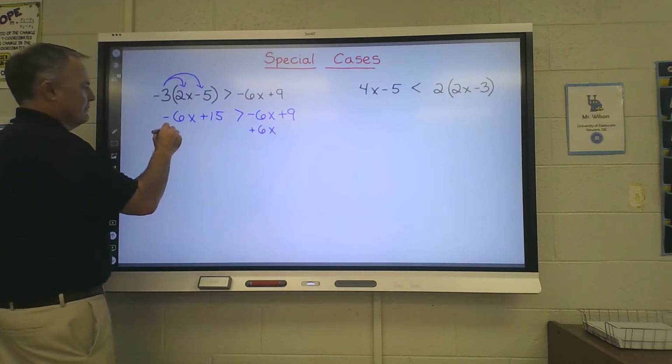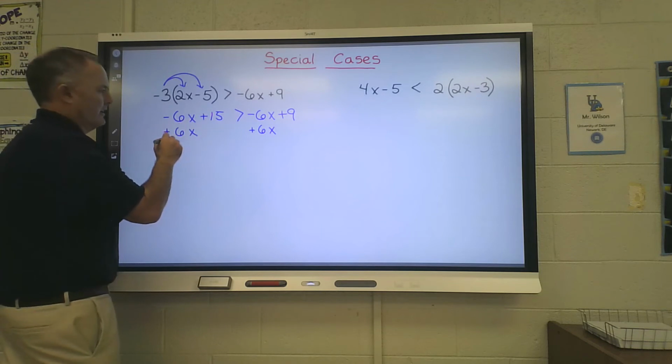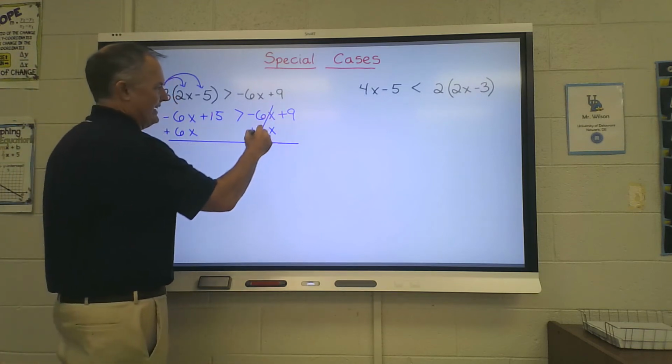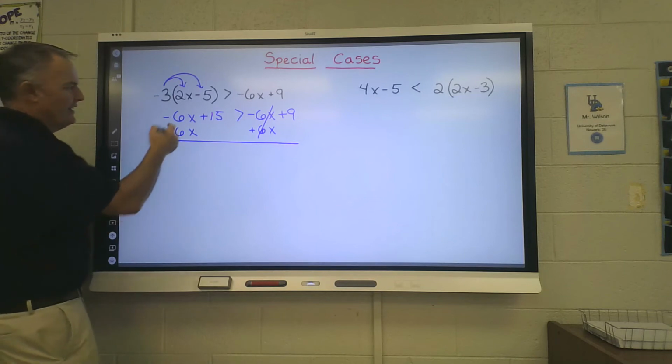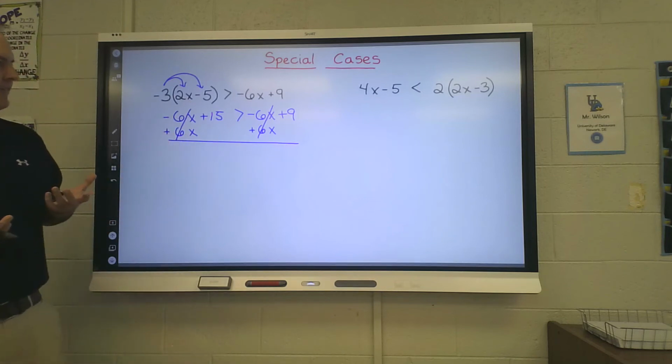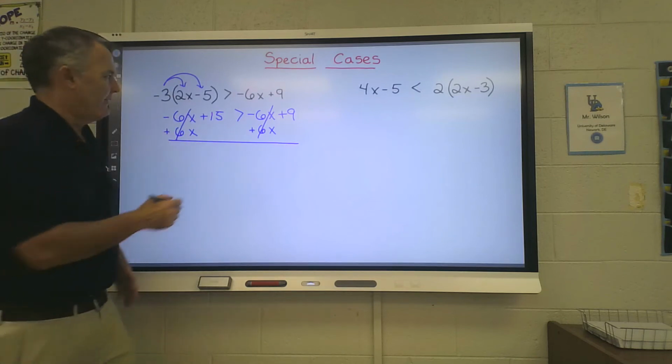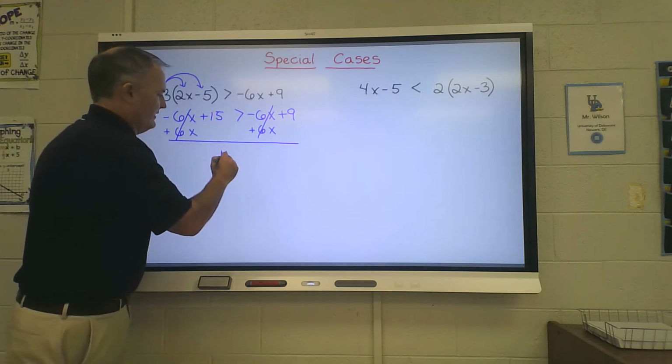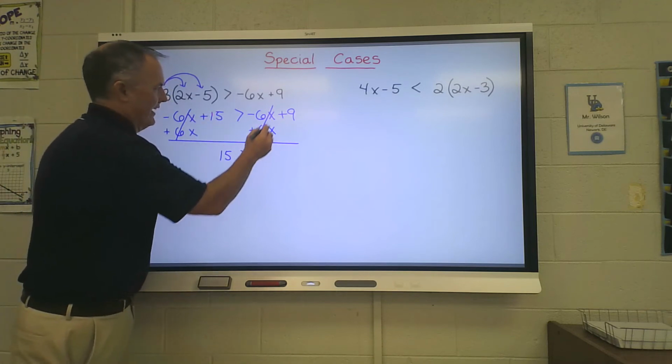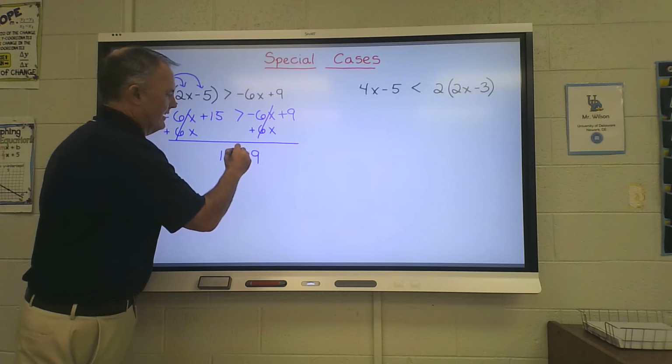I'm going to add 6x to both sides. That cancels that out, and this cancels this out too. So all we're left with is 15 is greater than 9.